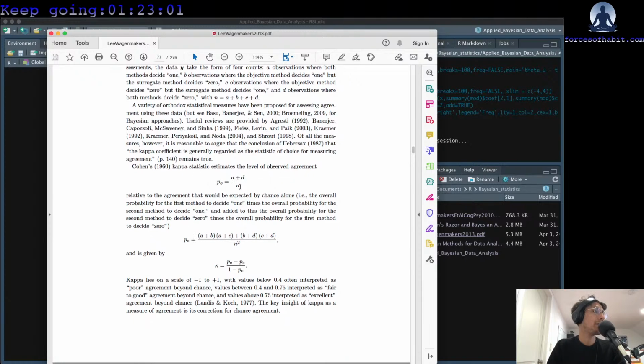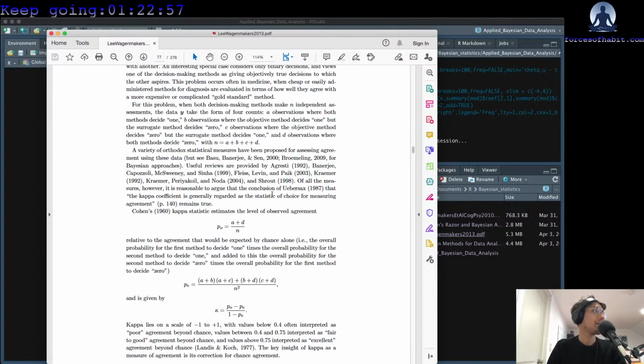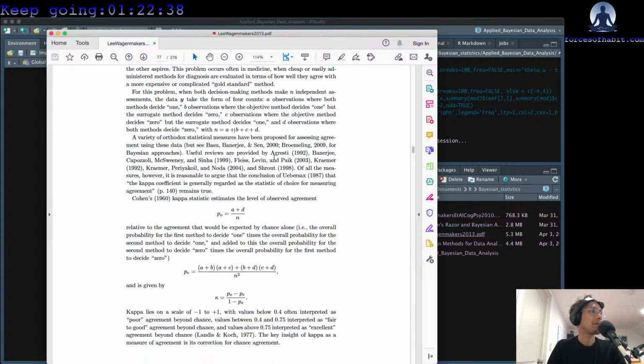We have P sub O, which is the observed agreement, equal to all of the observations: where both agree, where they don't agree, where they don't agree but in the other direction, and where they agree but in the other direction.